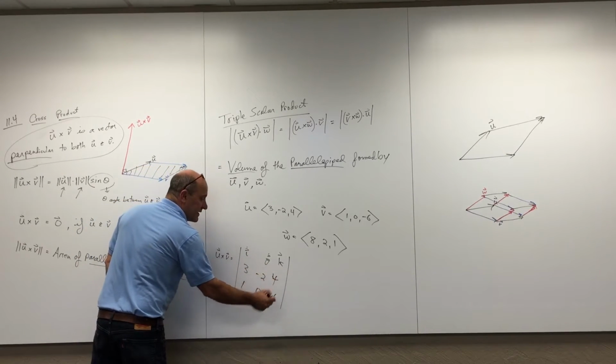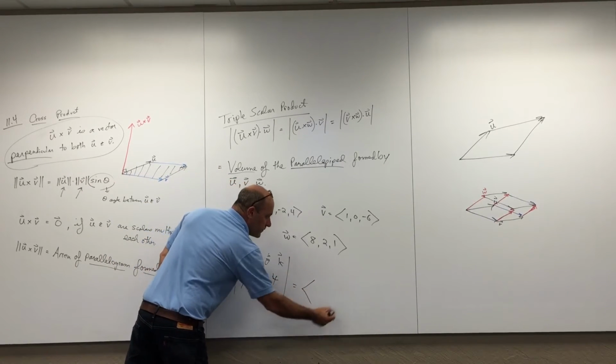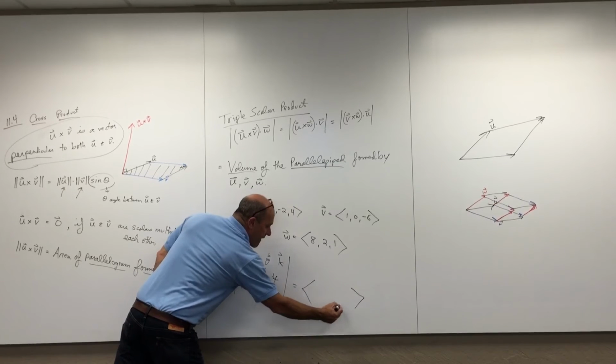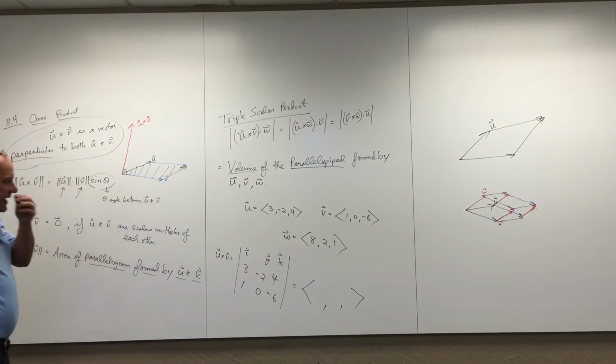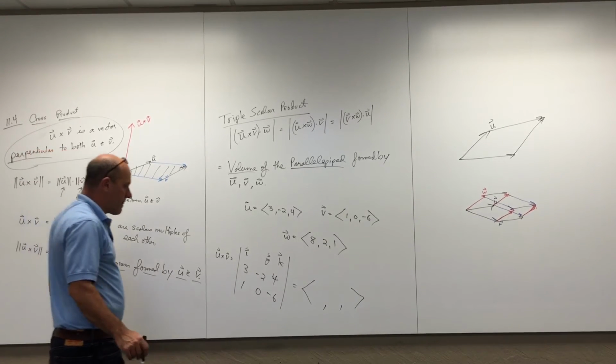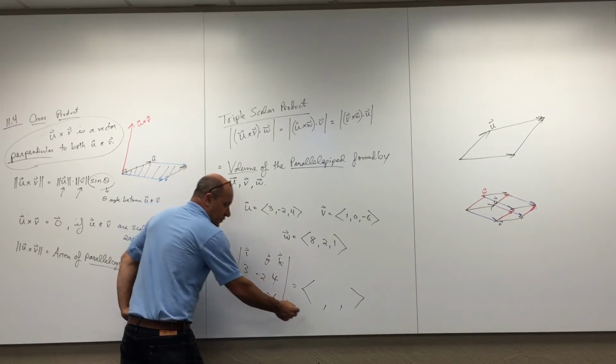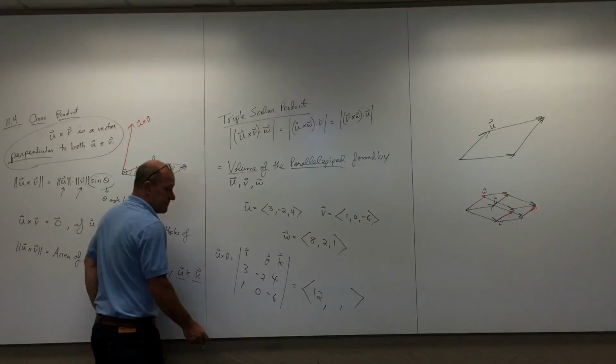That kind of helps things a little. Well, we'll see. I should be able to knock out this cross product. You guys are just getting used to this, but you should be able to do it. 12 minus 0, is that how you do it? 12 minus 0.